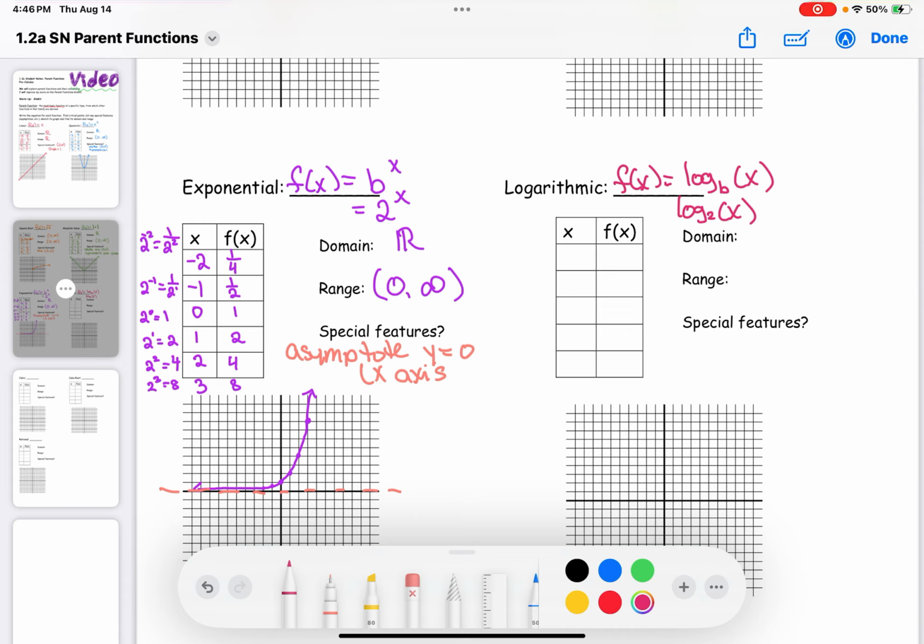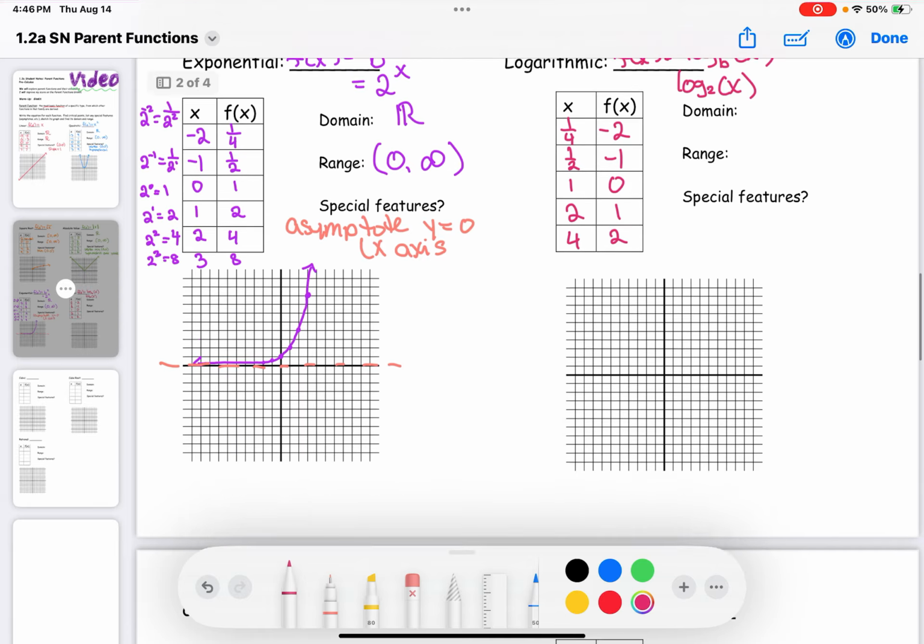So where the exponential function was (-2, 1/4), this would be (1/4, -2). Then (1/2, -1). Then (1, 0), (2, 1), and (4, 2). We're taking the x and y for the exponential and switching them to make the other function.